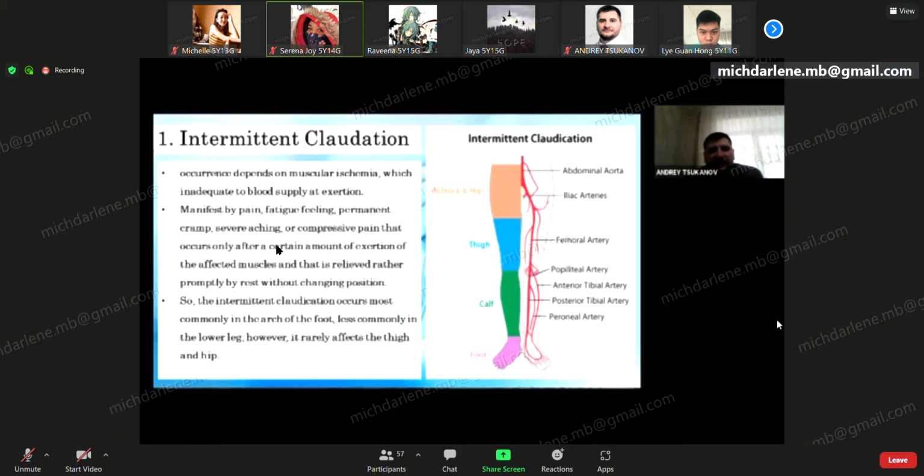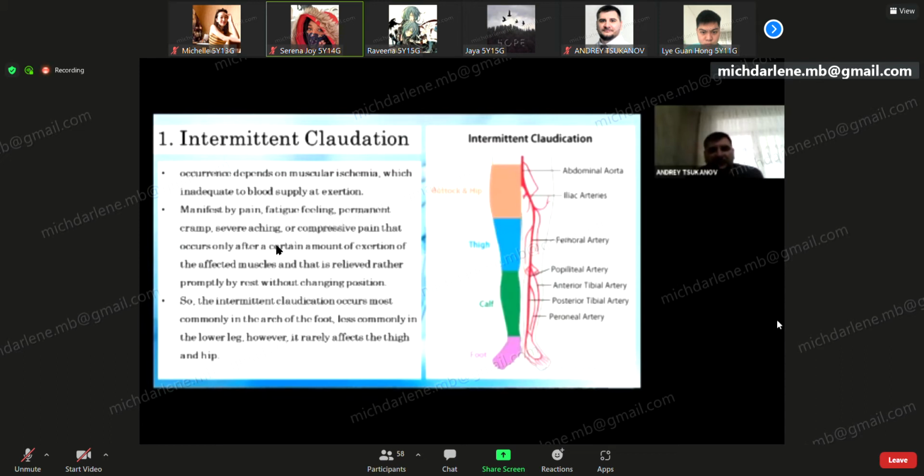Manifest by pain, fatigue, feeling of permanent cramp, severe itching, or compressive pain that occurs only after a certain amount of exertion of the affected muscles, and that is relieved promptly by rest without changing position.